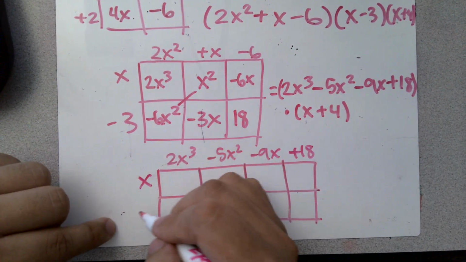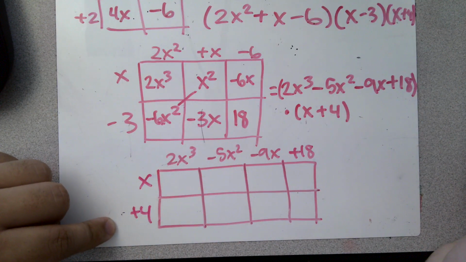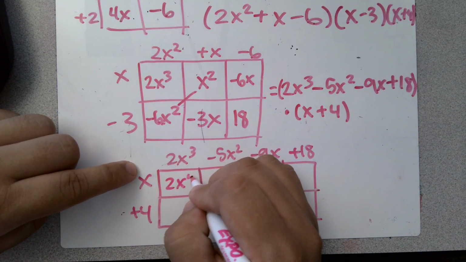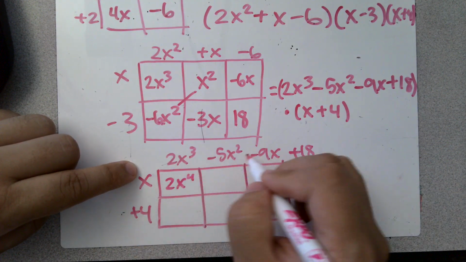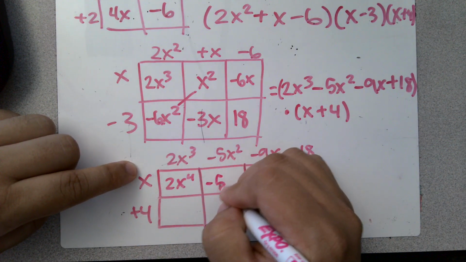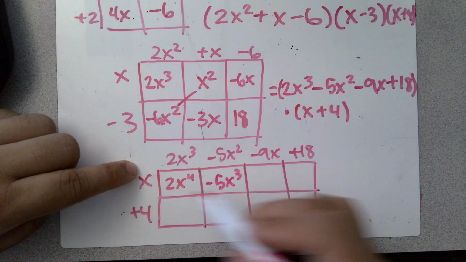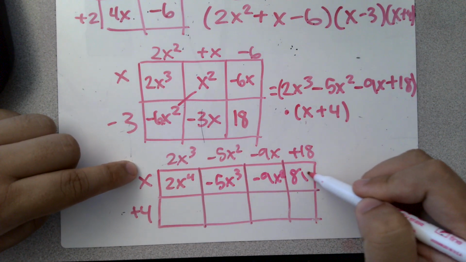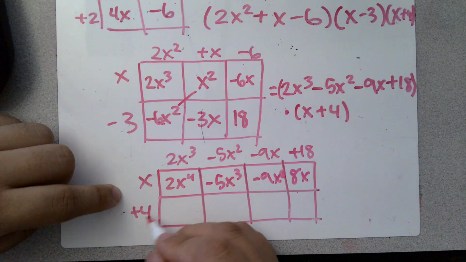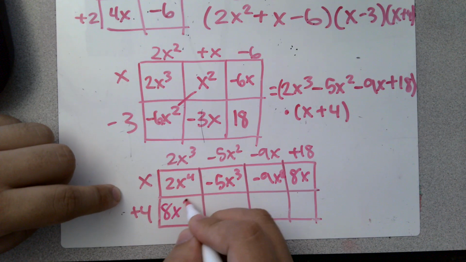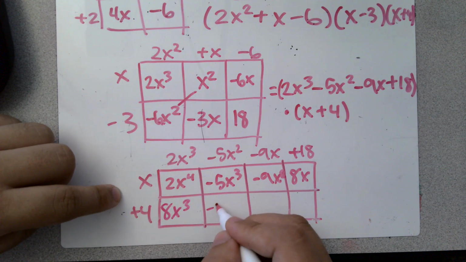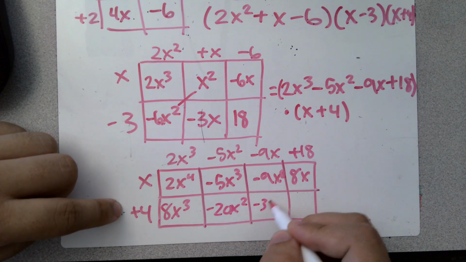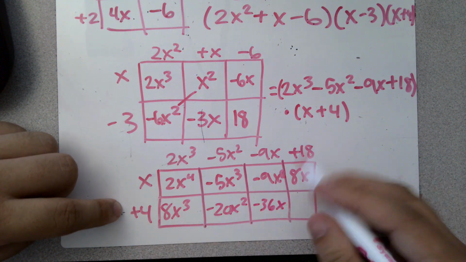Then I have x + 4. 2x cubed times x is 2x to the power of 4. Negative 5x squared times x is negative 5x cubed. Negative 9x times x is negative 9x squared. Then 8x cubed, minus 20x squared, minus 36x, plus 72.